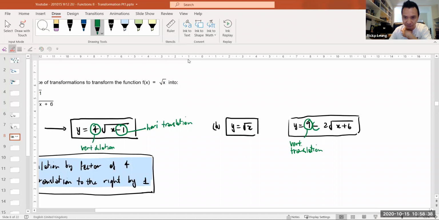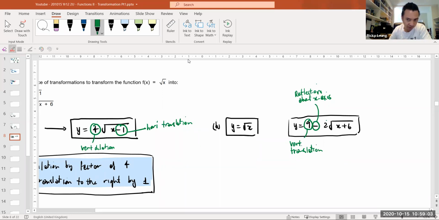There's a negative technically in front of the square root. So this is a reflection. And because it's a negative outside of the square root and not inside where the x is, it's going to be about the x-axis, in other words, flipping downstairs. So just get in your mind, right? If it's about the x-axis, it's flipping downstairs. If it's about the y-axis, flipping left and right. Yeah.